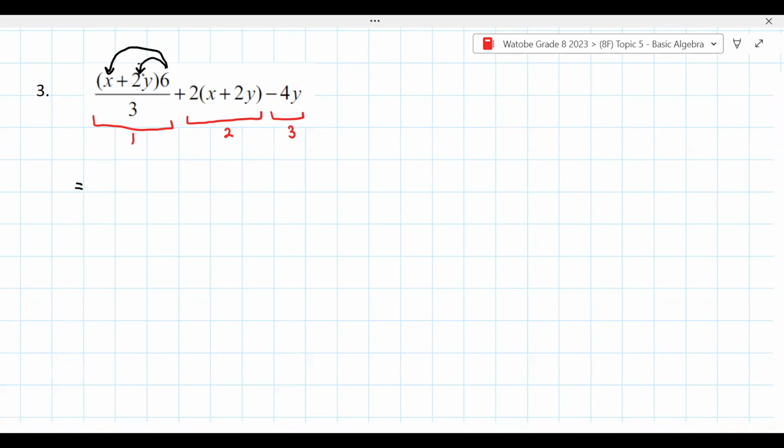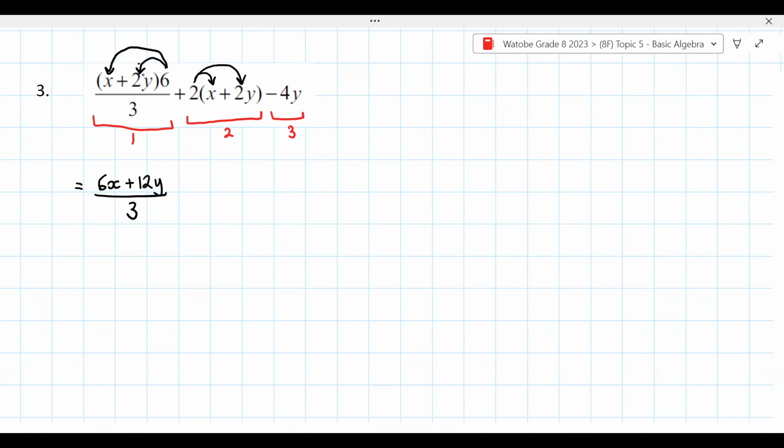And we know that 6 times x is 6x, 6 times positive 2y is positive 12y. That is still all over our denominator of 3. The denominator hasn't changed because I never did anything with the denominator. It's still 3.